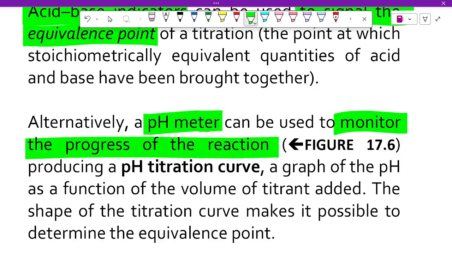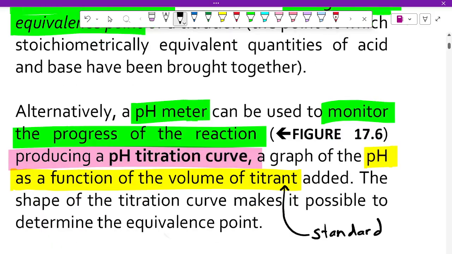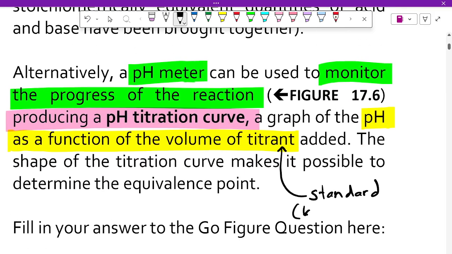And what we would get from that is a pH titration curve. So we would graph pH as a function of the volume of titrant, which is our standard, the one of known concentration, added.